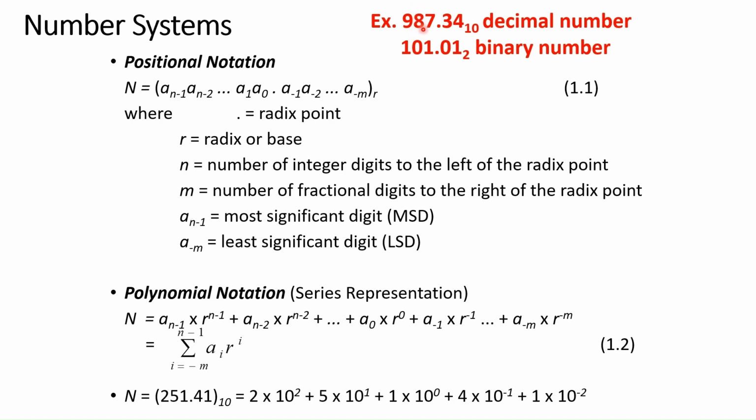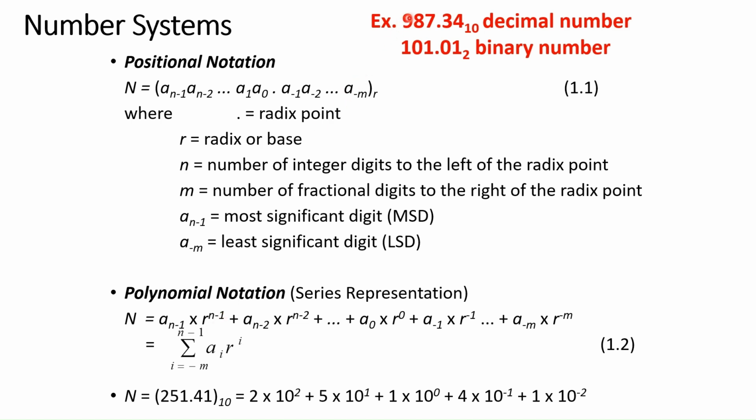And the value of this 8 is 8 times 10, and the value of 7 is 7 times 1. So all these positions have their positional weight that is given in this polynomial notation. This is the digit multiplied by the radix raised to the power of the position. So if it is a decimal number, it is 10 to the power n minus 1.